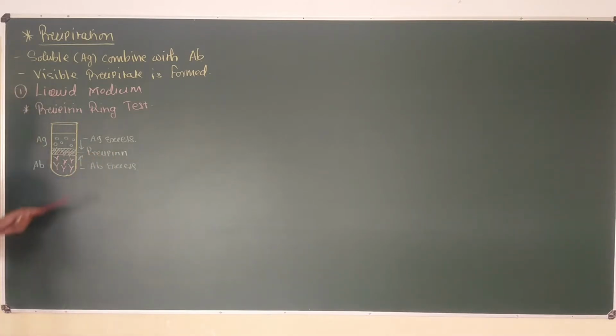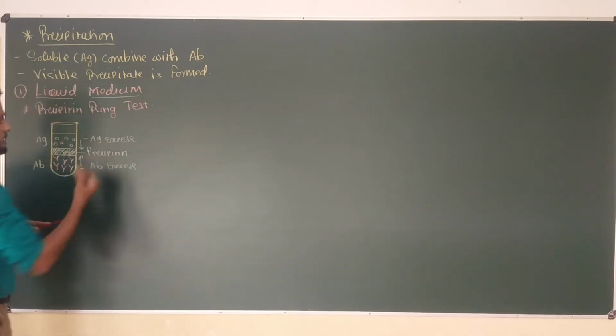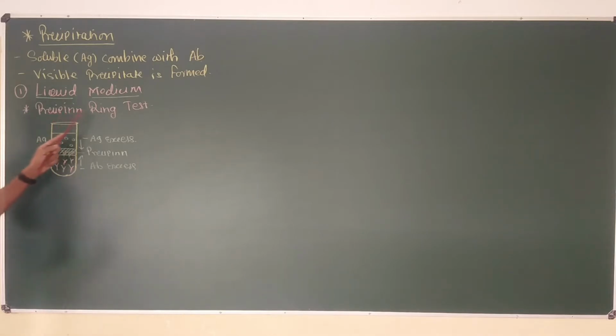So the precipitation reaction only occurs in the middle portion of the tube where antigen and antibody concentrations are nearly equal. This type of reaction which occurs in liquid medium is called a liquid precipitation reaction, and the example is the precipitin ring test.